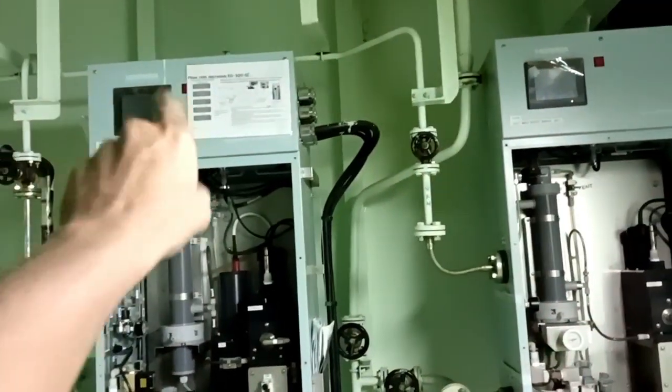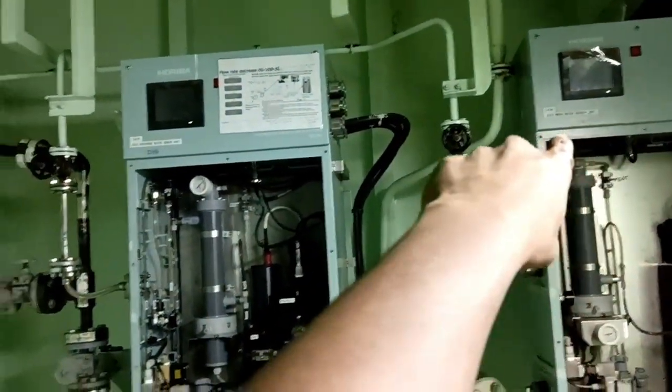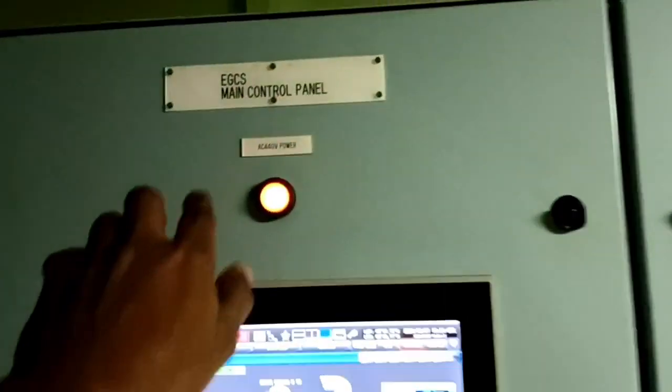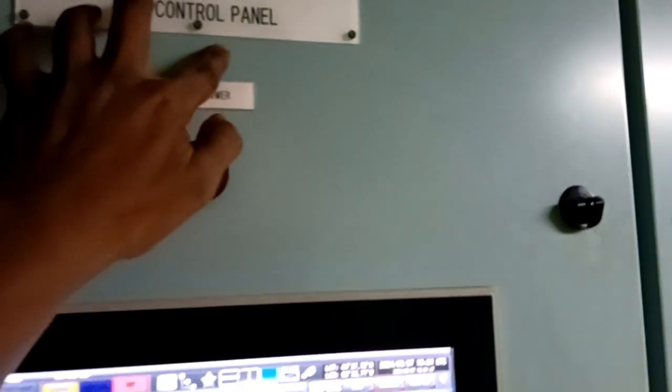So these are the discharge and wash water sensor units of the EGCS. Here we have the main control panel for EGCS. Inside we have these cards and the control unit also. Here you can find the AI and AO cards.